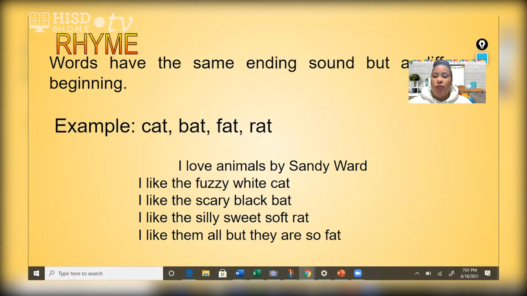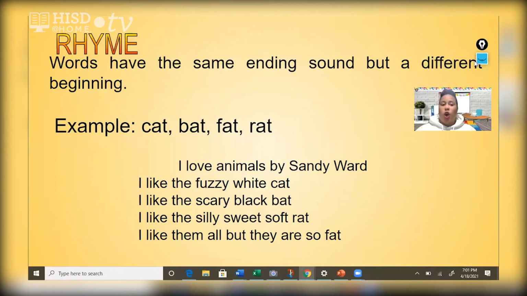Another important part of poetry is rhyme. What is it? Yes, rhyme. Rhyme is words that have the same ending sound, but a different beginning sound. They're normally in the same word family. It does not mean they have to be spelled the same, but it means they sound the same.